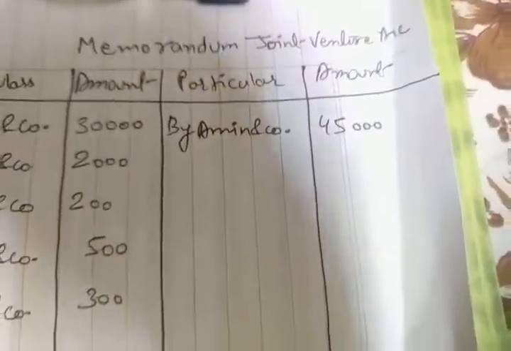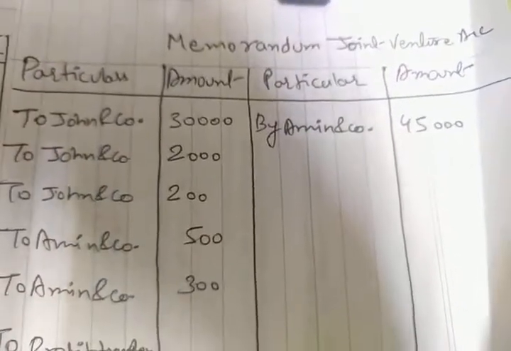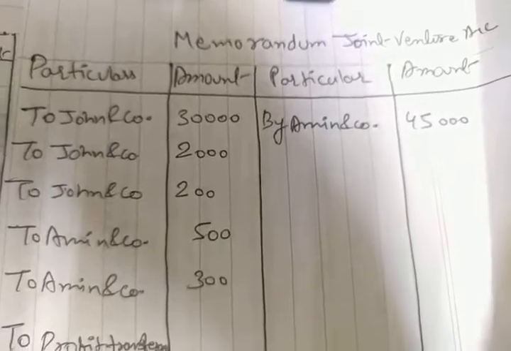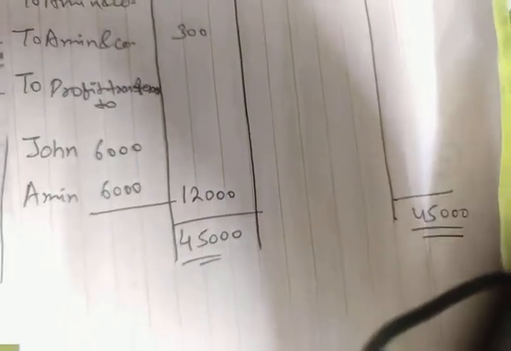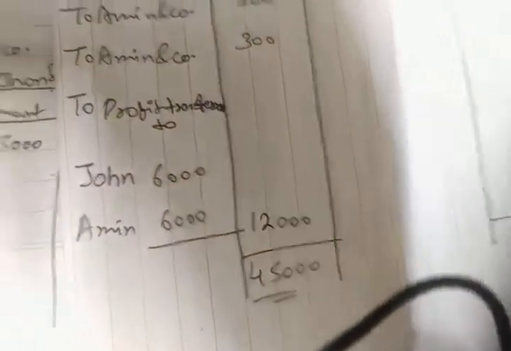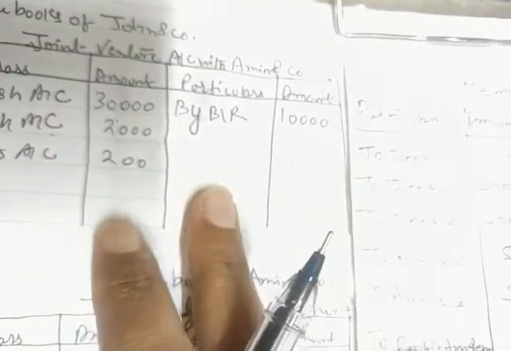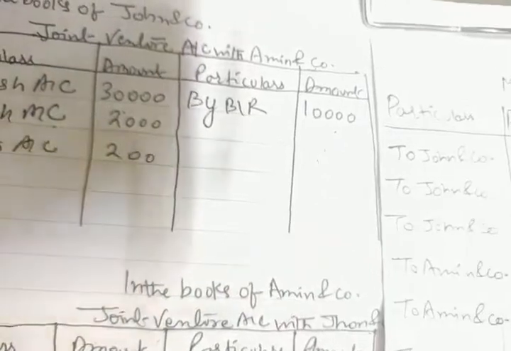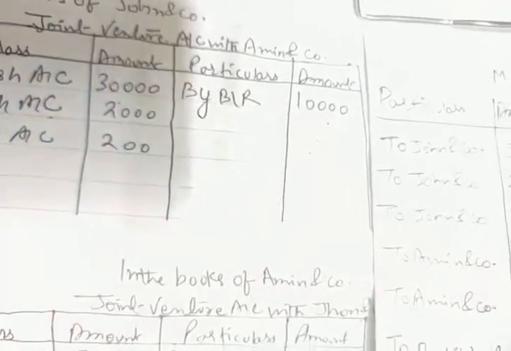So this is your memorandum joint venture account, where we have copied all the entries as they are from both venturers' books, and then finally we have made the balance to calculate the profit or loss. Now we need to transfer this profit or loss to their individual books for final calculation, to see who needs to pay the final amount to whom and how much.